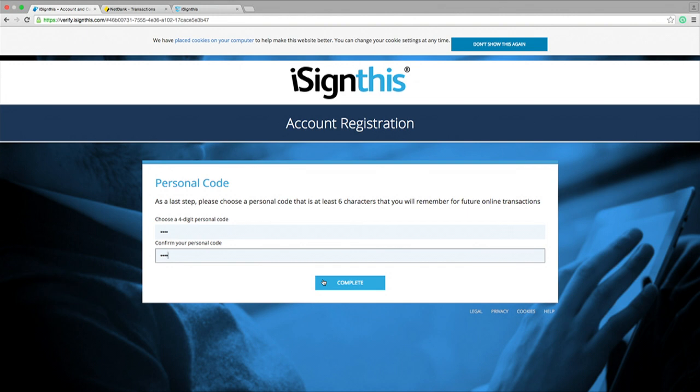So what iSignthis is doing is it's lowering friction of onboarding a customer, and it's creating an online dynamic KYC that is cross-jurisdictional, cross-border, that has a reach of around 200 countries and circa somewhere around 3 billion persons, coinciding with a number of credit cards on issue and internet accessibility. And it also provides the basis for a liability shift within the SEPA zone from August this year.